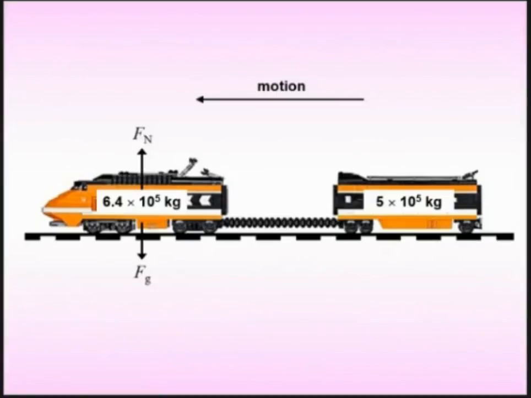Now, is there something pushing the front car forward? The whole train is moving, so there has to be an applied force. Do you know what that applied force is? It is the engine pushing back on the rails, and the rails pushing forward. Literally, this train moves exactly the same way your foot moves.